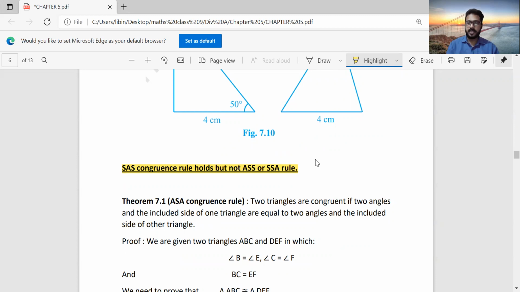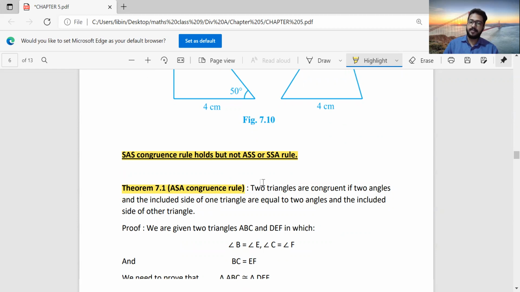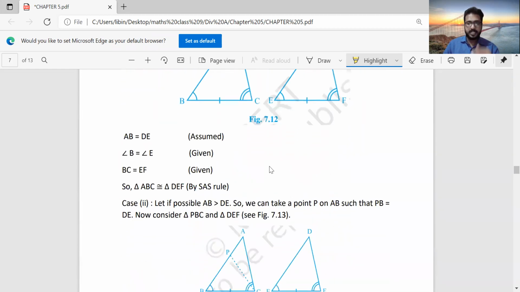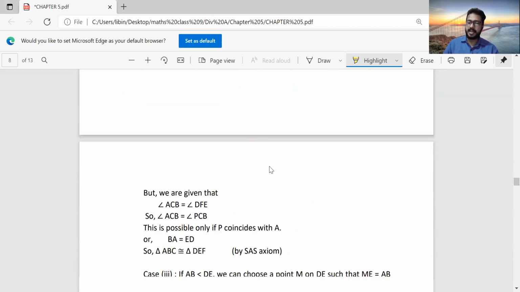We have checked with a counter example like that, and thus we have proceeded and we have seen the ASA congruence rule. Clear? And we have seen the proof. It is a bit lengthy proof, but all of you should write it and learn it.